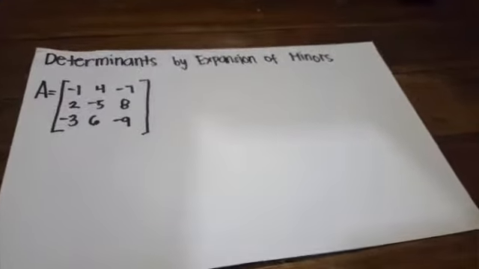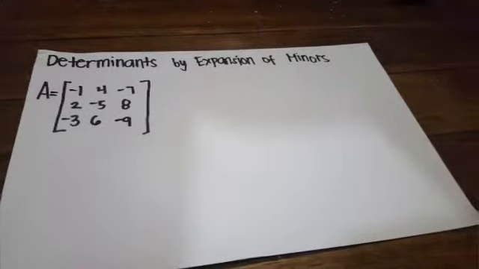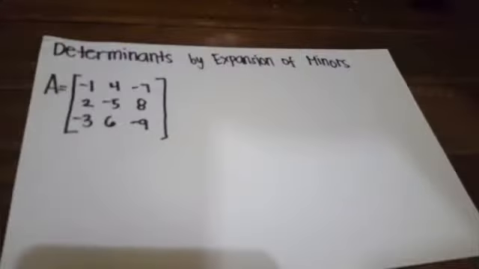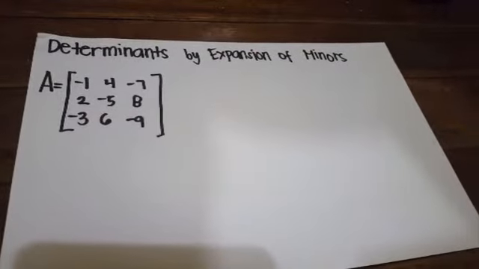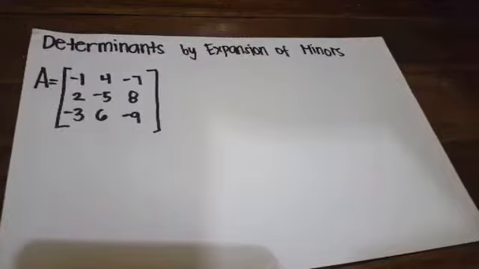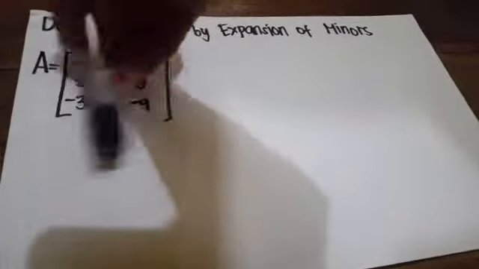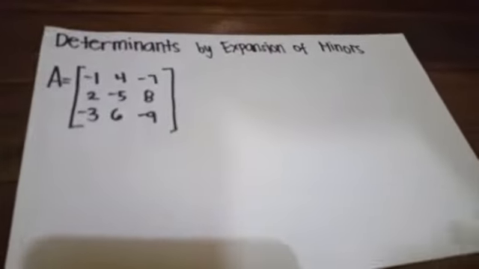So we're asked to find the determinants by expansion of minors of each number. To get the minor of each number, simply delete the row and the column in which the element appears.